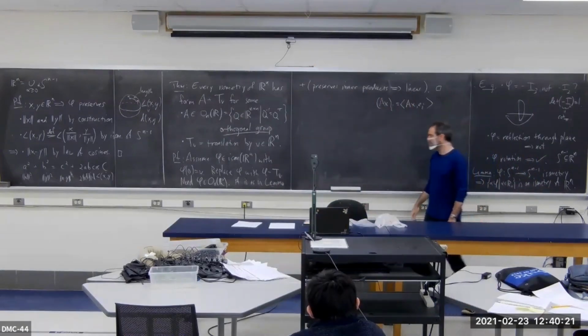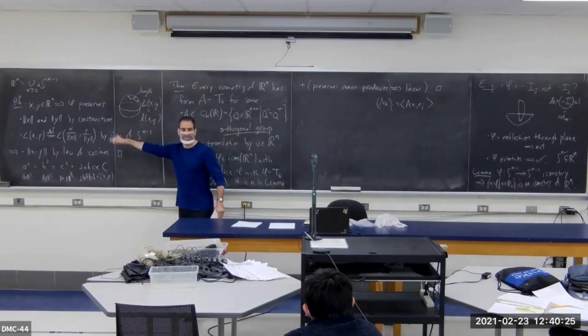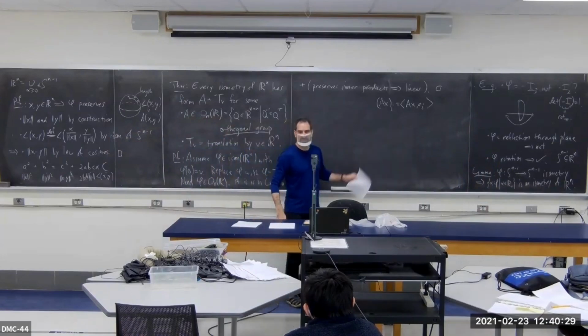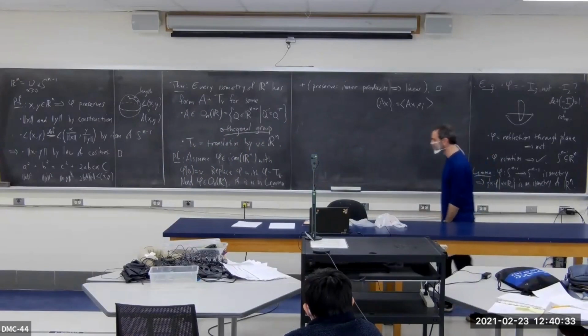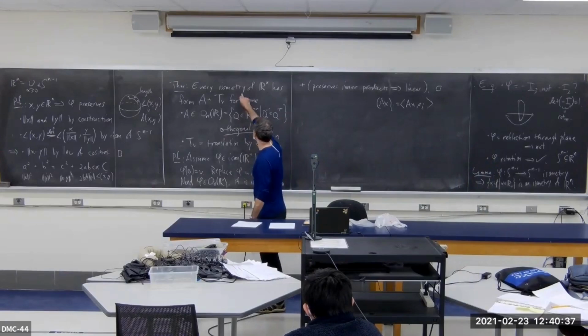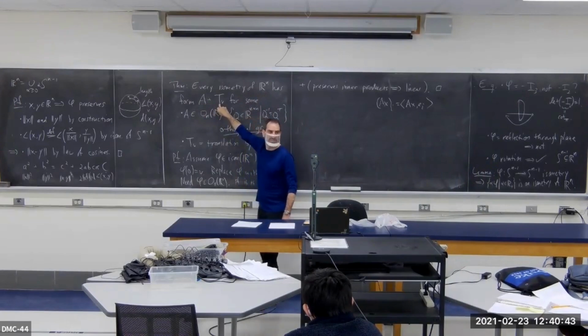The rest is basically this. This is a fundamental fact that you should carry with you for the rest of your life. It's a simple statement, but every isometry of Rn is an orthogonal matrix plus a translation.